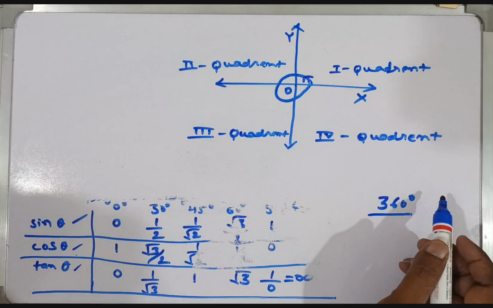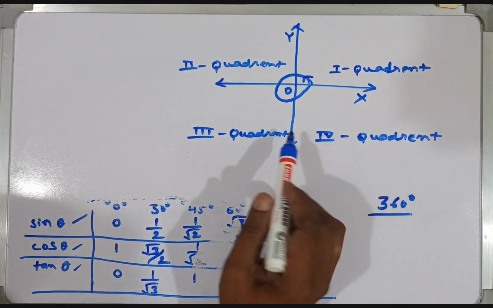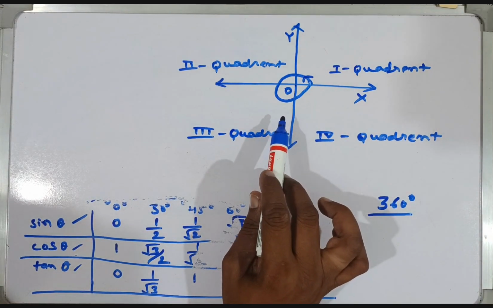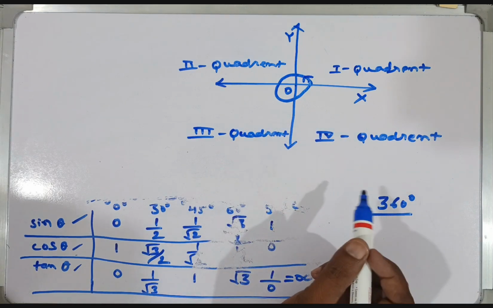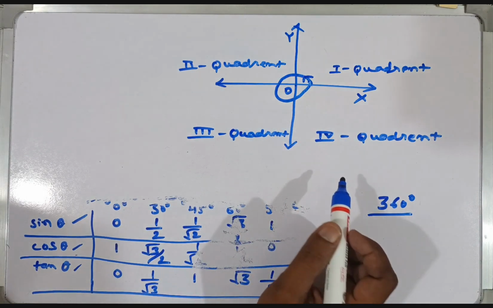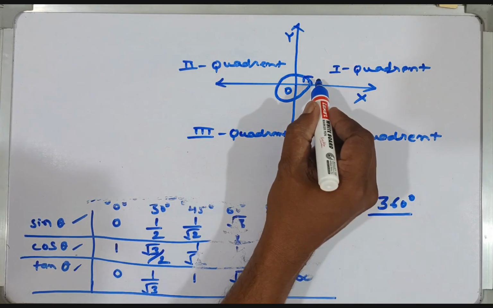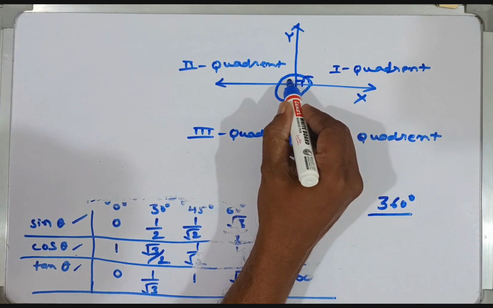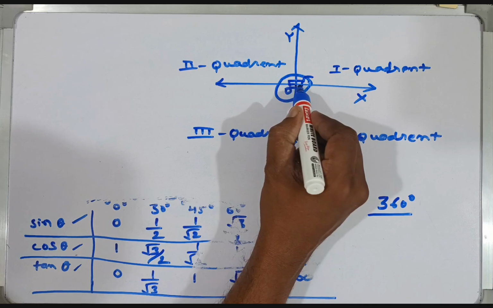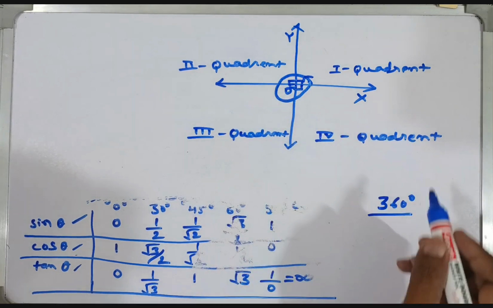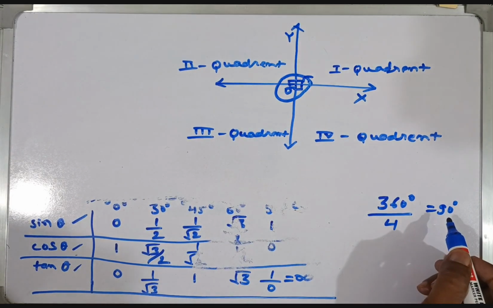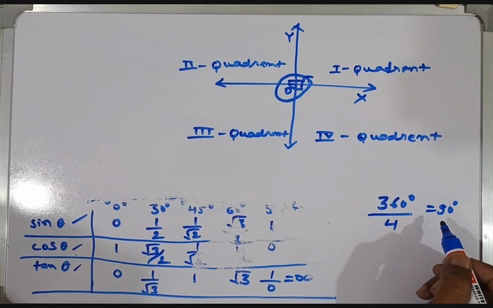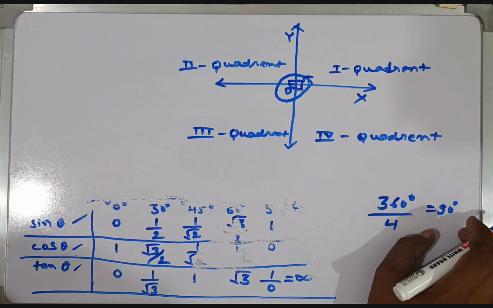These two perpendicular lines divide it into parts of 90 degree each, so each quadrant has 90 degree space.